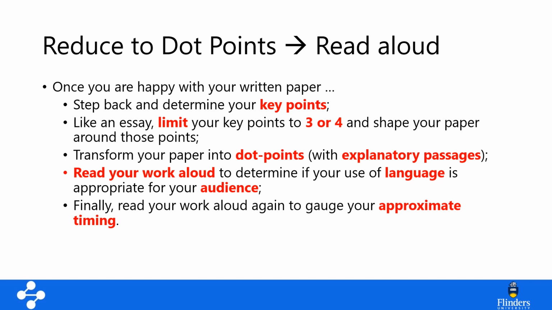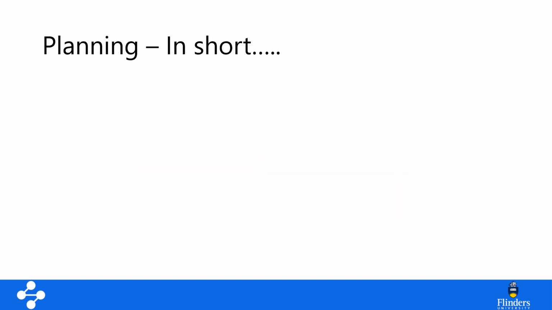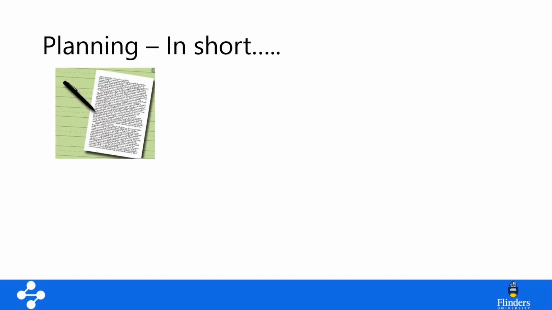Right. Next, you need to time yourself, and timing comes with practice, lots of practice. So if I were to summarize the whole process, when you plan, first, write in full the entire speech or the entire talk.